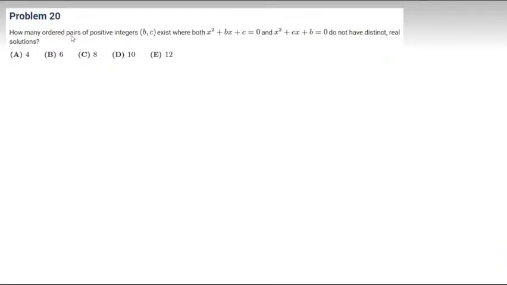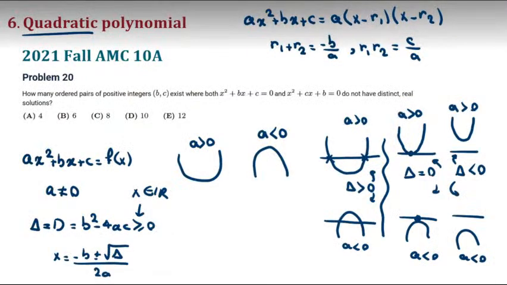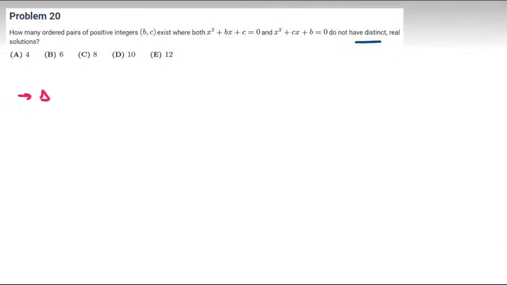It says: how many ordered pairs of positive integers b, c exist where both x squared plus bx plus c equal to 0 and x squared plus cx plus b equal to 0 don't have distinct real solutions? If we see the previous page, only when delta is positive do we have distinct solutions, because of plus minus. So we conclude delta should be less than or equal to 0.